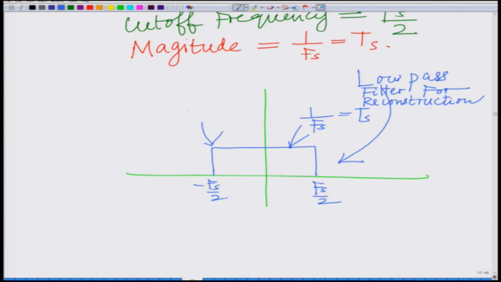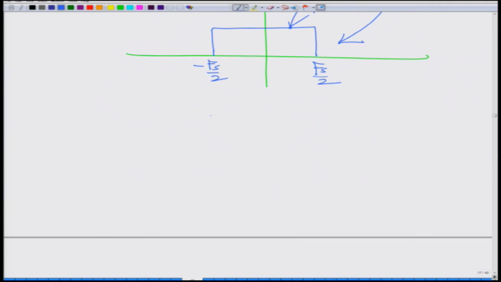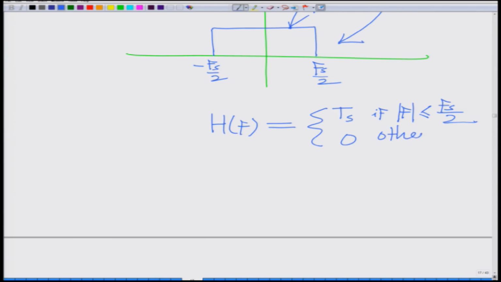Let us term the impulse response as h of t, and this is h of f. It is easy to write down: h of f equals Ts if the magnitude of f is less than or equal to Fs by 2, where Fs is the sampling frequency, and 0 otherwise.